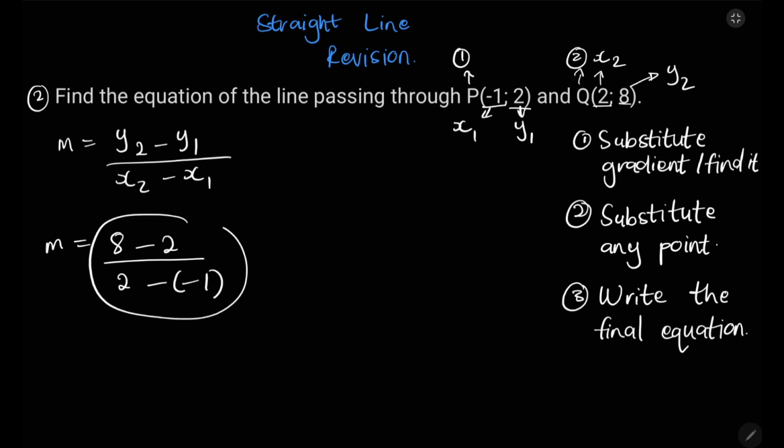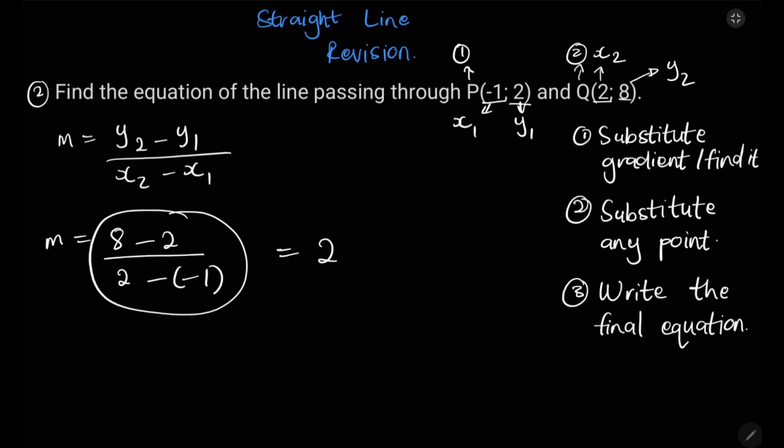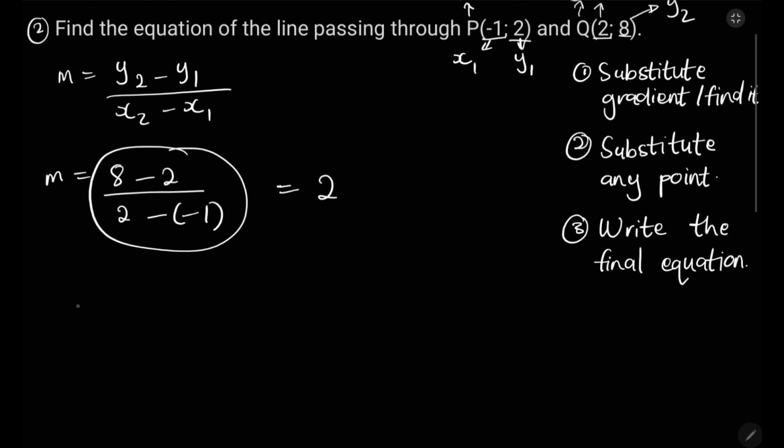And when you punch this in your calculator, 8 minus 2 all over 2 minus negative 1 in a bracket, your answer will be 2. So this 2 is our gradient, okay? So we've already found our gradient. Now let's substitute it. Our straight line formula is y is equal to mx plus c. So we already have the gradient, which is m. Let's write this as y is equal to 2x plus c.